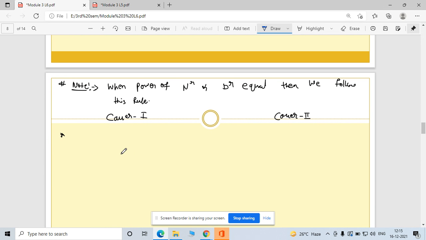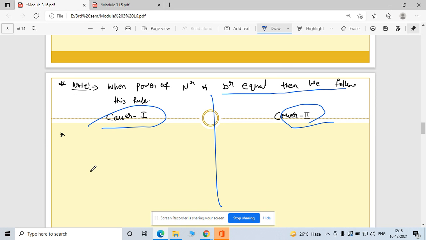Now, one more thing. When the numerator degree and the denominator degree are equal, then how to proceed with your circuit? Yes, when the numerator degree and denominator degree are equal, then how to solve that circuit? Simple. In this circuit, you have to compare the critical pole condition, right?